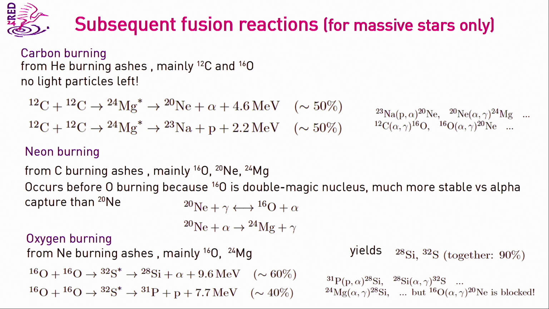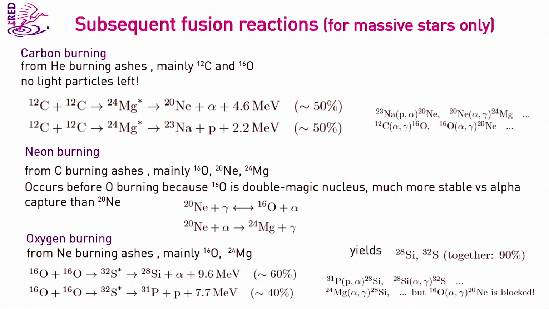So for carbon burning, you have neither alpha particles nor protons. So you have to combine the carbon-12 abundances. It yields magnesium-24 in an excited state. And so the main ashes of carbon burning will be neon and sodium in equal ways, because there are also uncertainties that we do not know much.